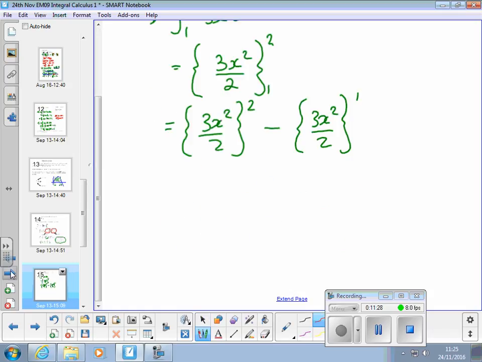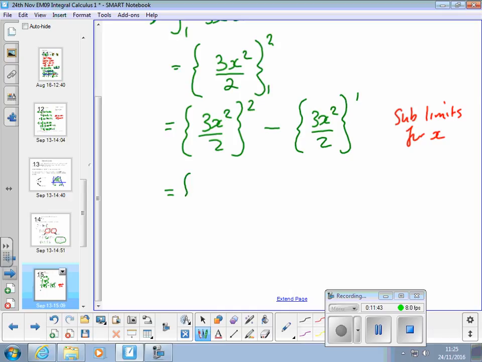Then we substitute the limits for x in each of those. So until you get used to it, it's probably best to write it out in full.